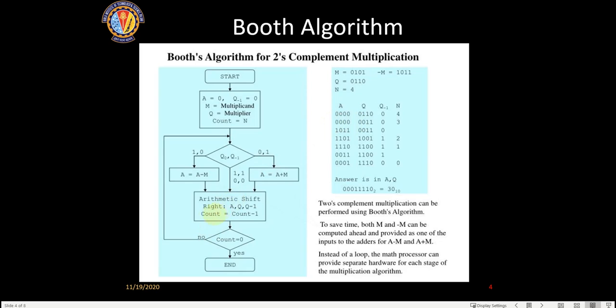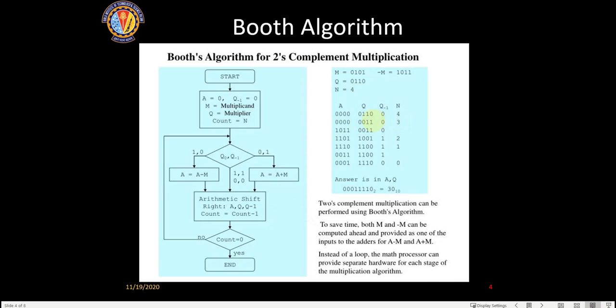Understand, this is an arithmetic shift. In the last lecture we always pushed a 0 when shifting, but in this case, whatever is the last bit, the same bit will get pushed. In the example it will be clear. So it is 0000 here, and Q is 0011. We have shifted here, so this 0 has come.